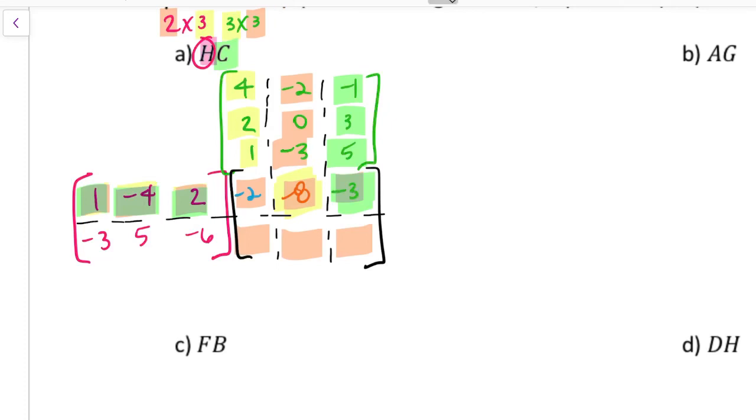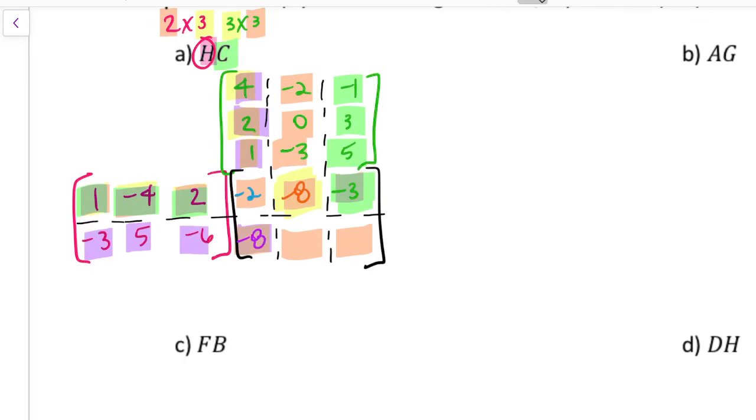Then in our bottom row, we've got our bottom row times our left column to get that first element. We'll take negative 3 times 4 to get negative 12, 5 times 2 to get 10, negative 6 times 1 to get negative 6. Add up negative 12 plus 10 minus 6, we get negative 8.